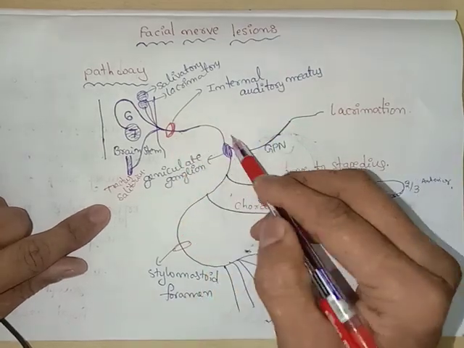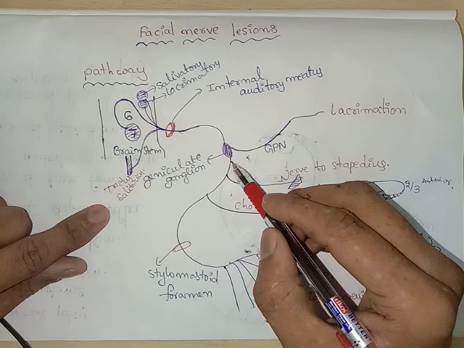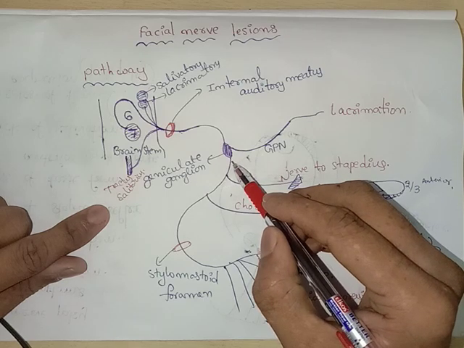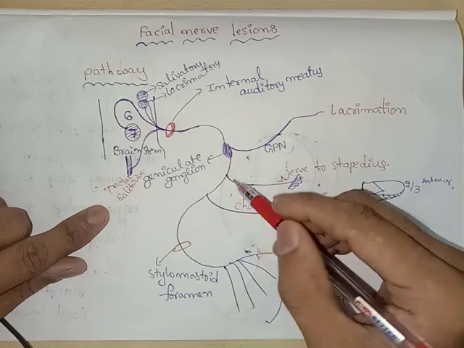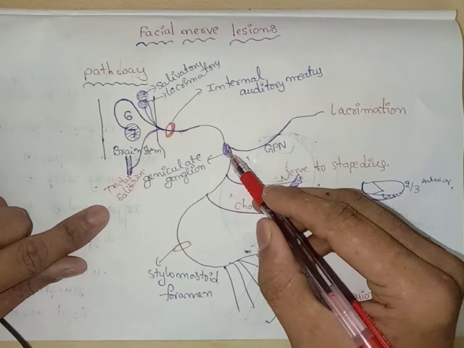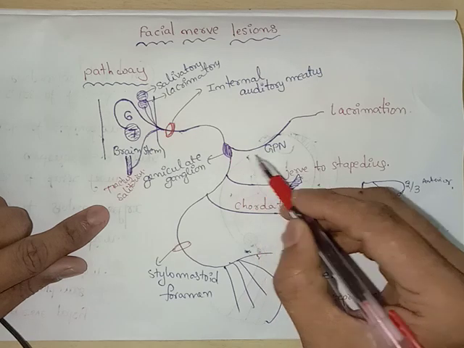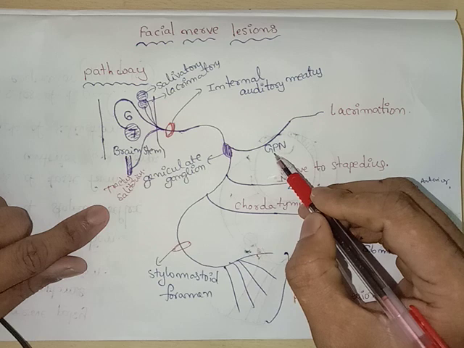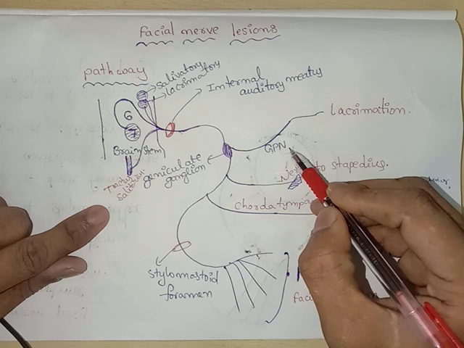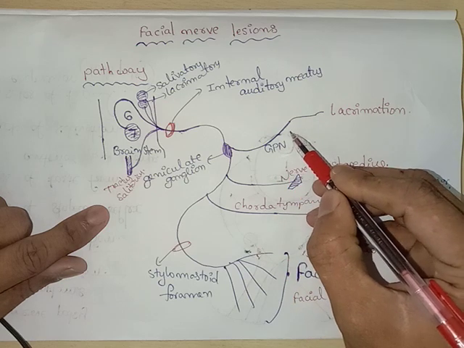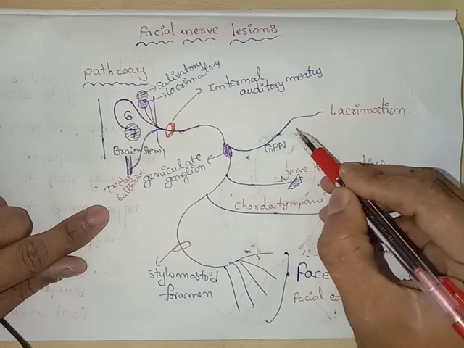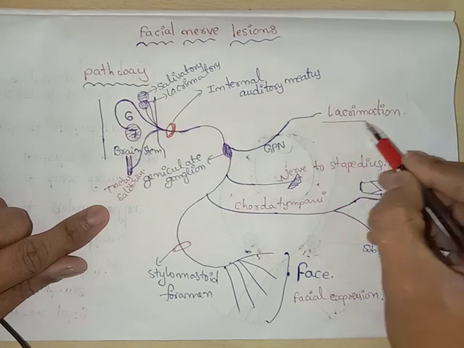From here, they form the geniculate body near the middle ear. At the geniculate body, it gives a branch called the greater petrosal nerve. This nerve is for lacrimation.